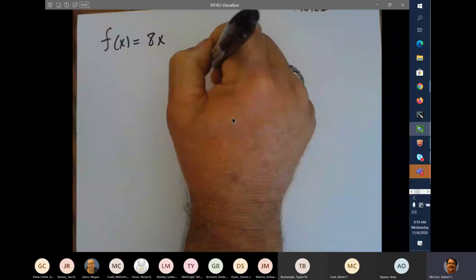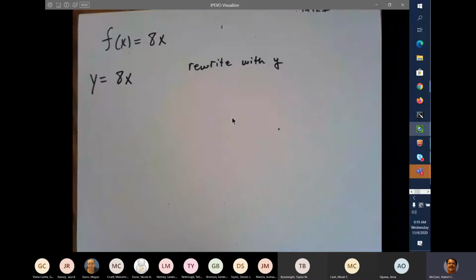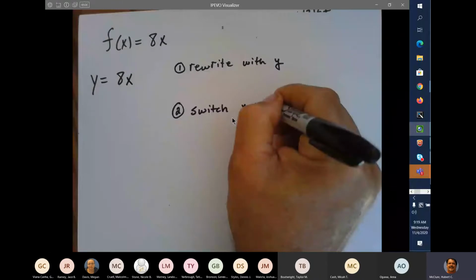So y is equal to 8x. The second thing you do, switch x and y. So that means I'm going to put y right here, and I'm going to put x right here.